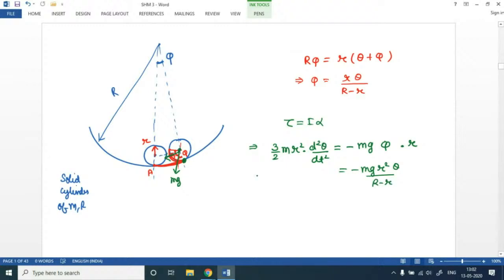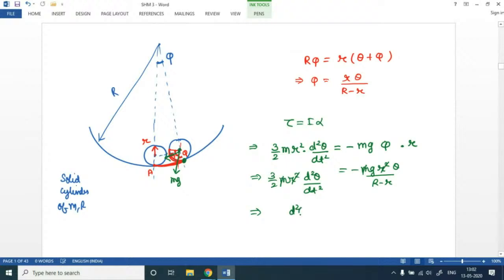So let's write it, that is 3 by 2 m r square into d2 theta by dt square. So you should realize this m will get cancelled, and this r square will also get cancelled.